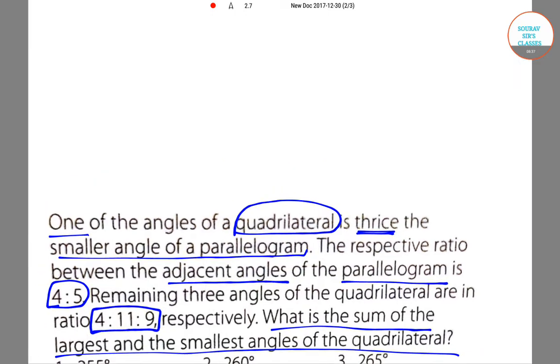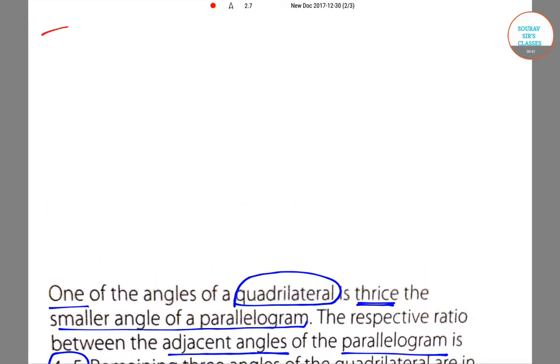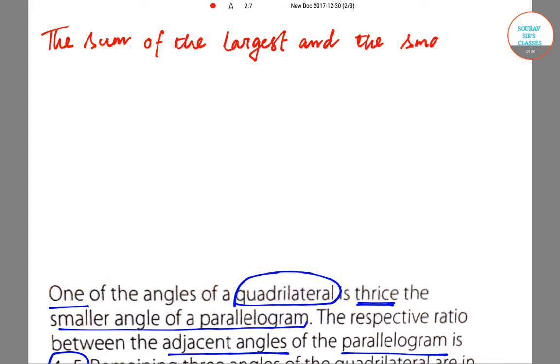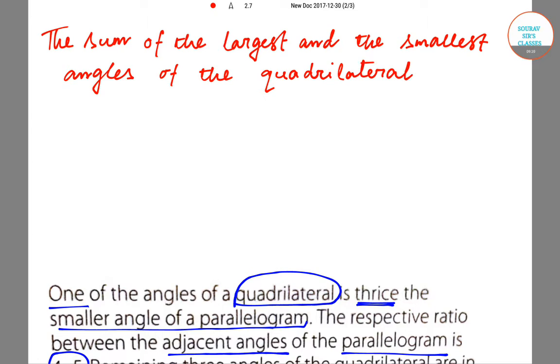Okay, I'm doing the rest part here. So the sum of the largest and the smallest angles of the quadrilateral is equals to 4 into 5 plus 240, that is equals to 260 degree.